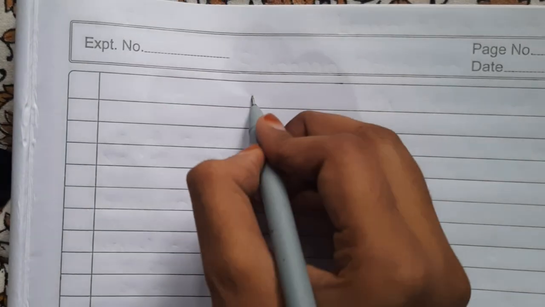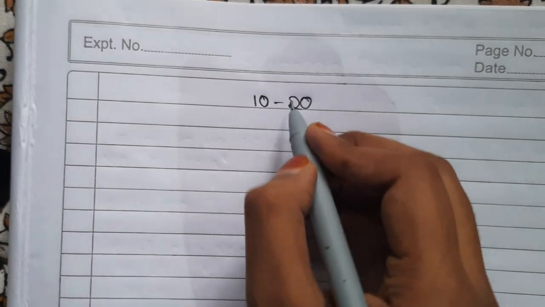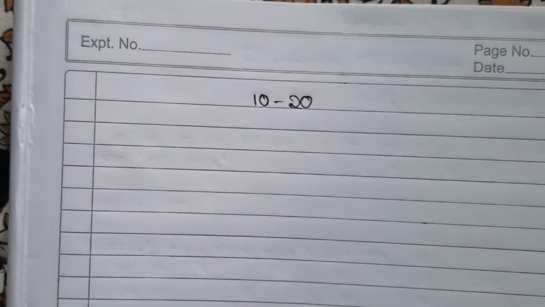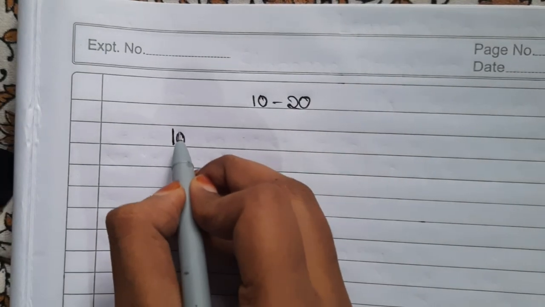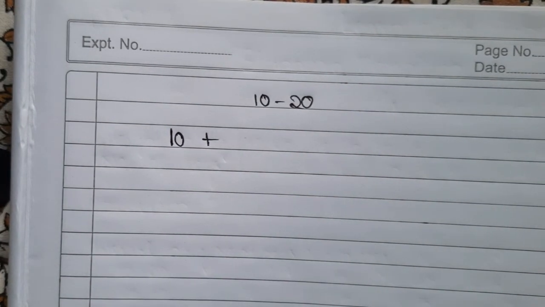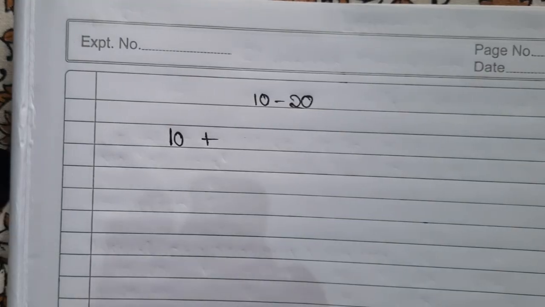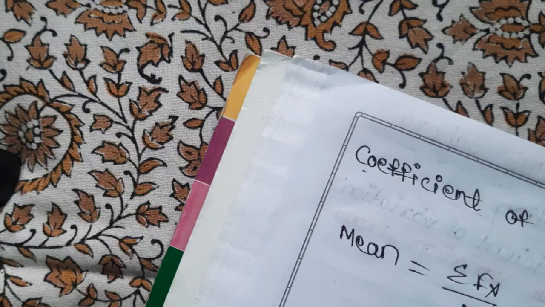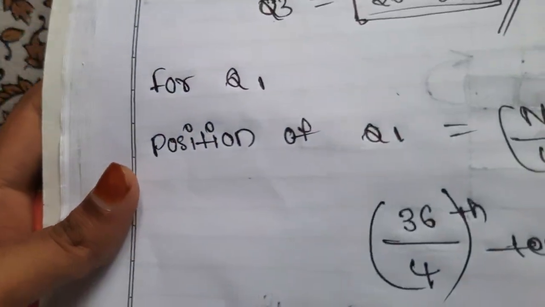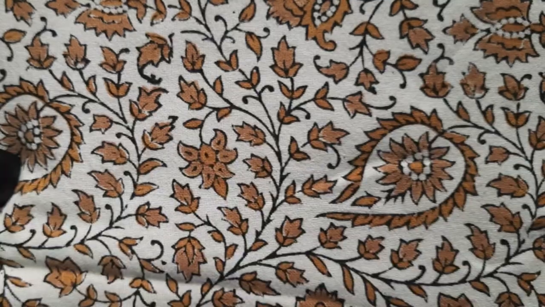How much is L? In 10 to 20, the lower class, which is the smaller number, is 10, right? So L will be 10. We found n by 4, how much it is? It is 9. So we will be taking 9 here.